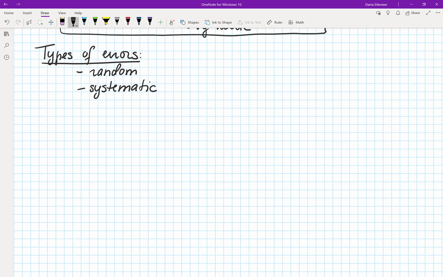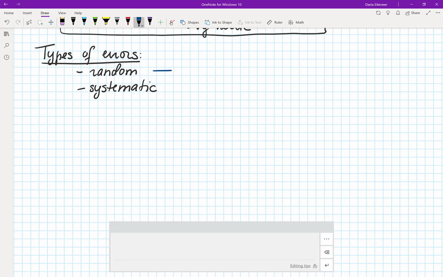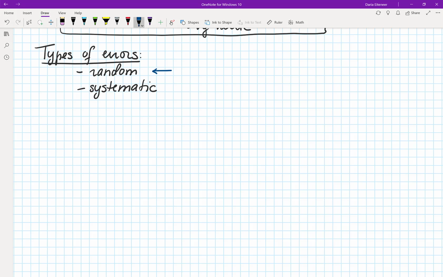In order to get better results, we should minimize errors. We can minimize random errors by using statistical analysis. We'll talk about that briefly in a second.